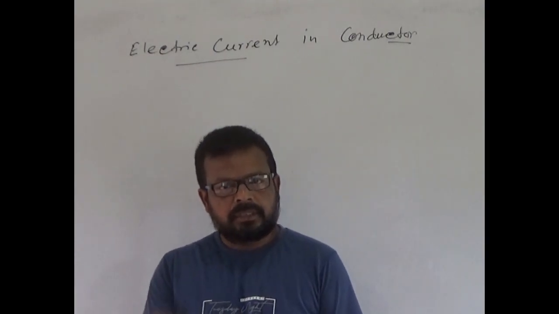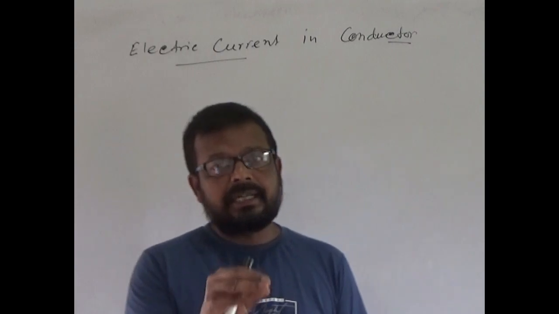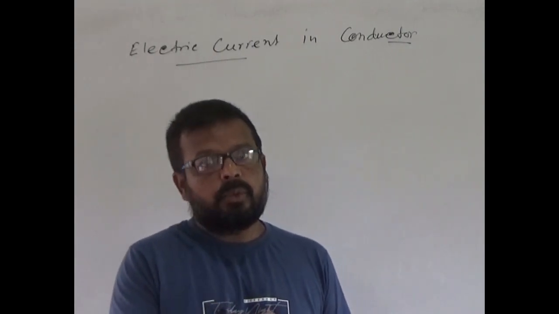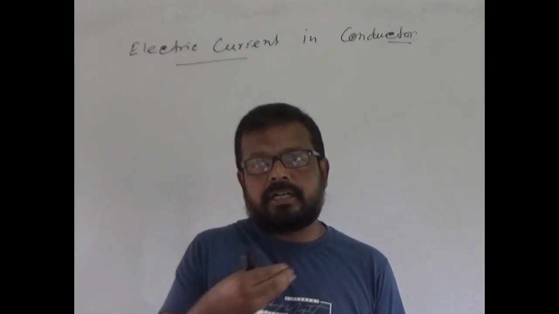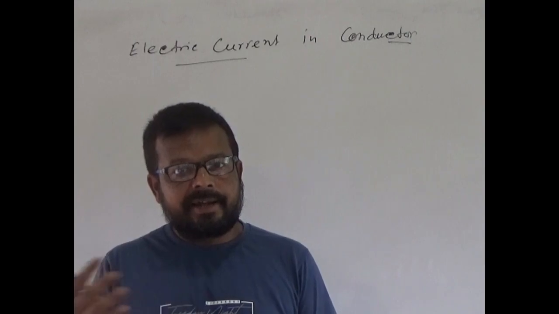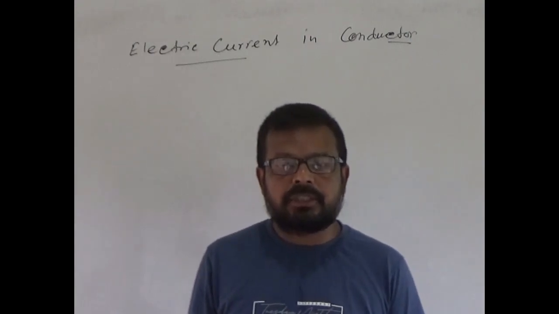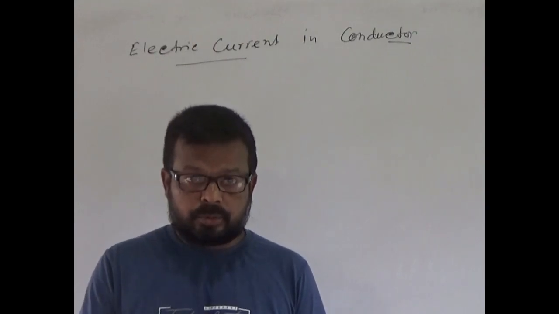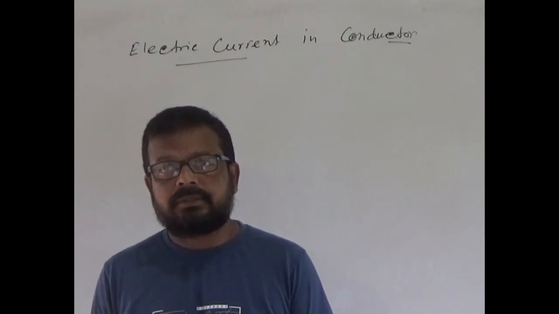Now, the free electrons, which are free to move within the metal or conductor, move here and there due to their thermal motion, and during their motion they collide with each other and also with the positive ions.